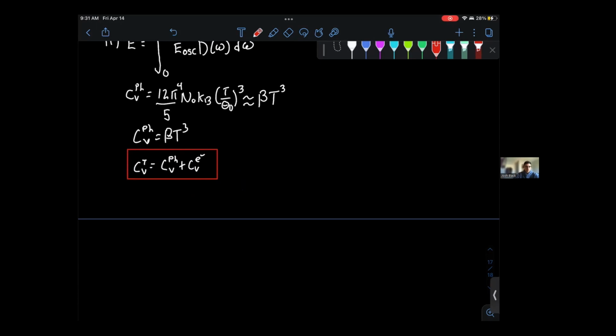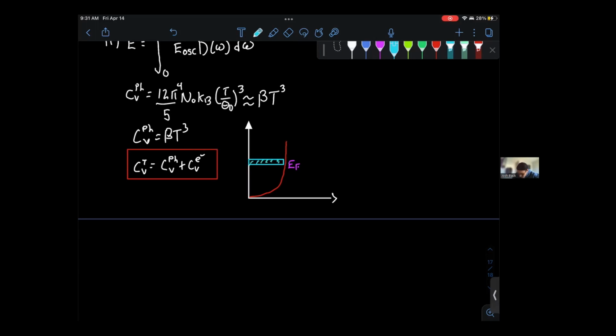Now, when we're talking about our reasoning for our electron contribution, we can use the same theory as before. The density of states along with our energy. Meaning that only the electrons close to the Fermi level can contribute when we're talking about specific heat capacity.